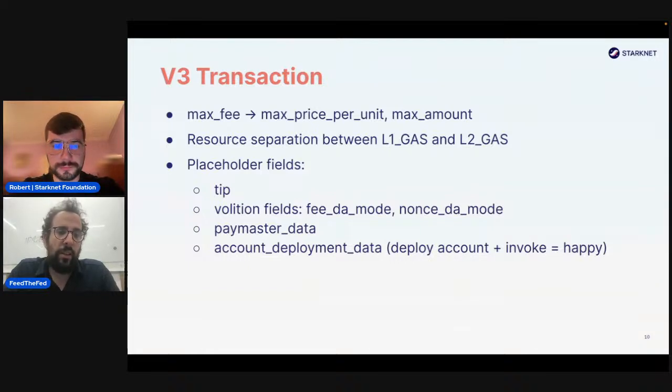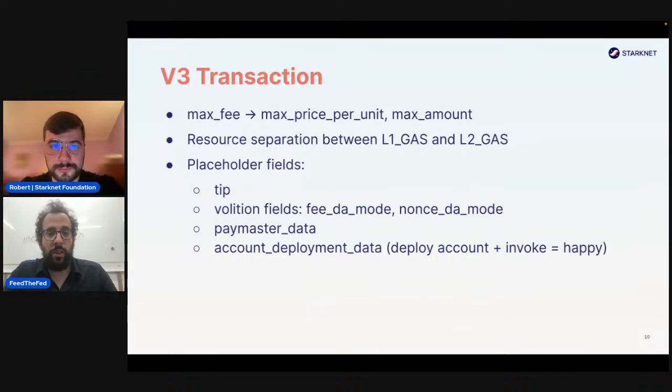Then there are the volition fields. Volition is Starknet's way to reduce the costs of data availability significantly. Obviously, we are in line with Ethereum's roadmap on this, which is EIP 4844, which will also significantly reduce data availability costs.